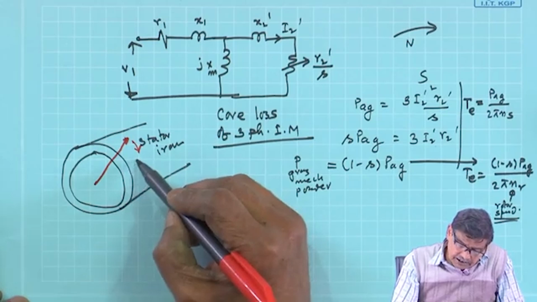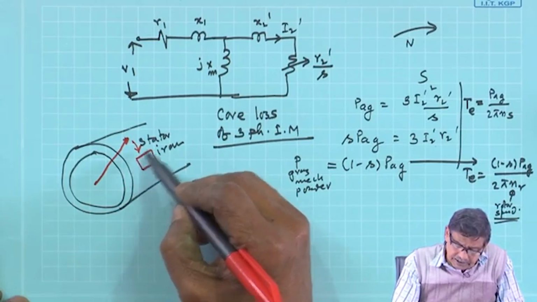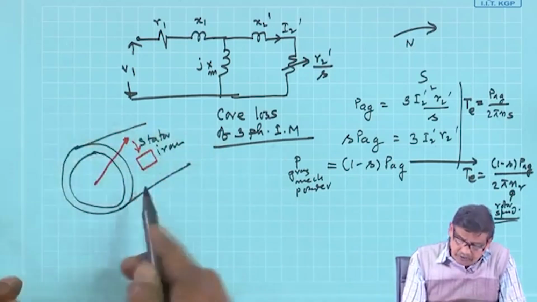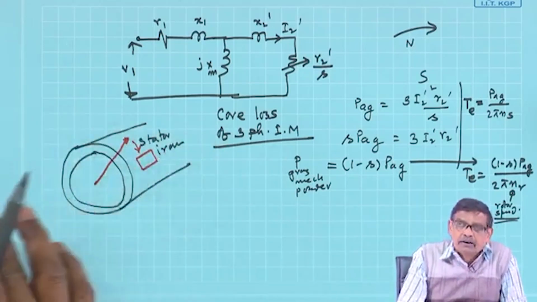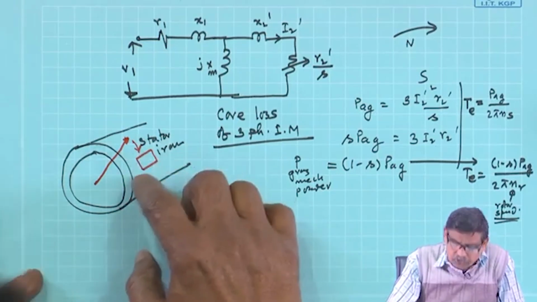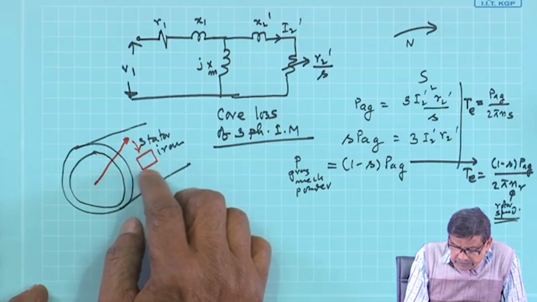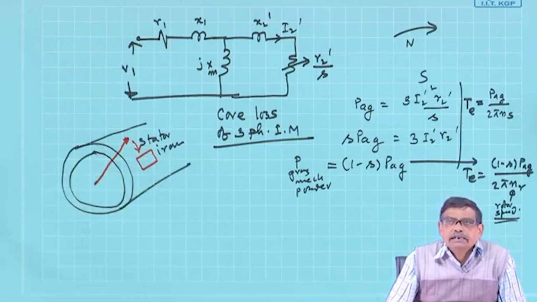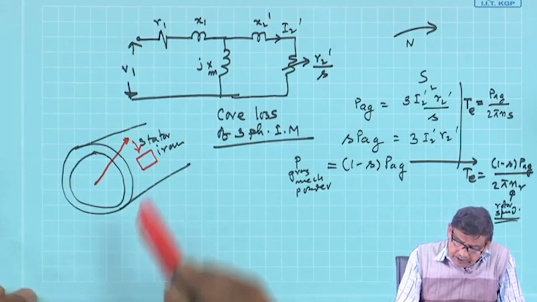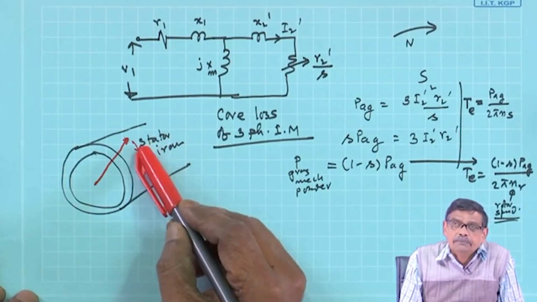Therefore, if you consider any conceivable closed path on the stator iron surface or inside the stator iron, with time this loop will see a rate of change of flux linkage, and therefore there will also be current in this loop.